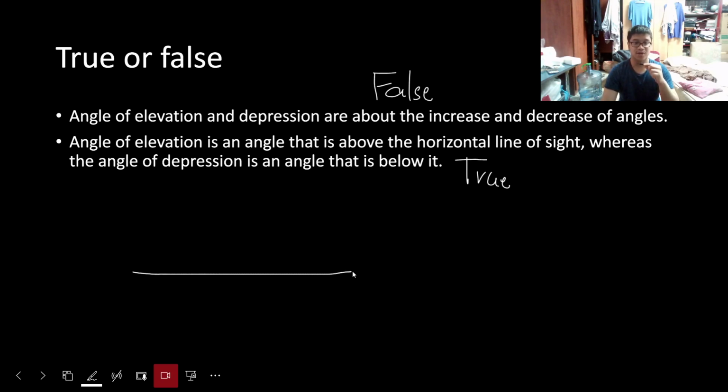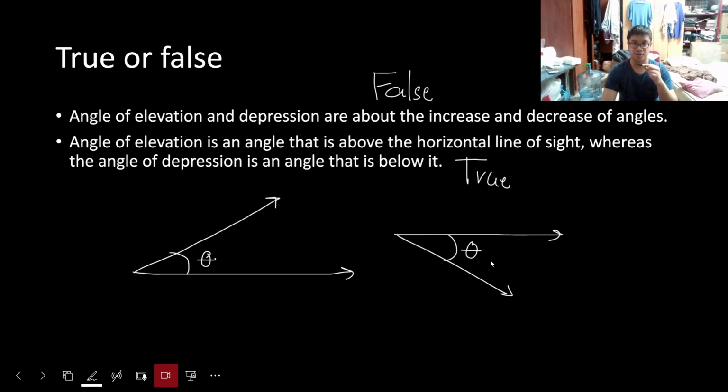If this is the horizontal line of sight and there is an angle formed above it, that is an angle of elevation. However, if it's below, like this for instance, that is an angle of depression.